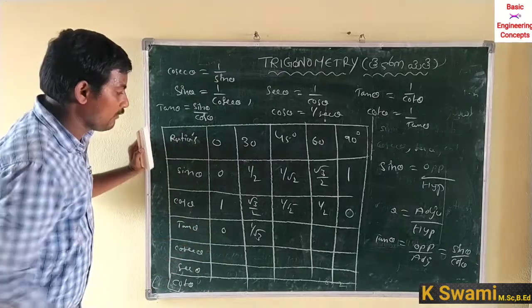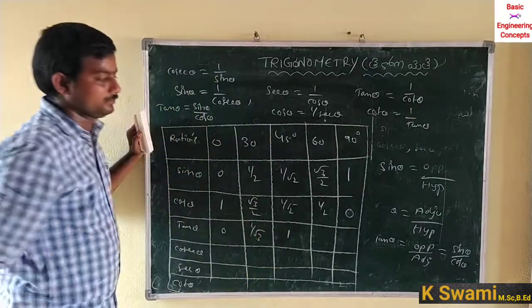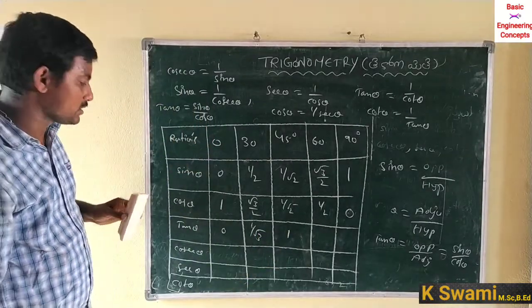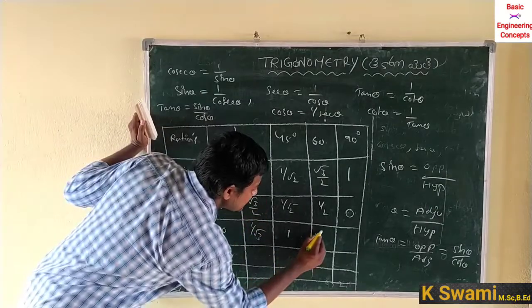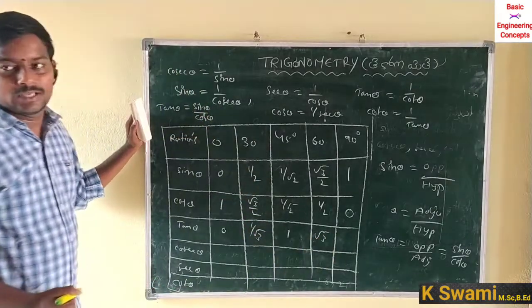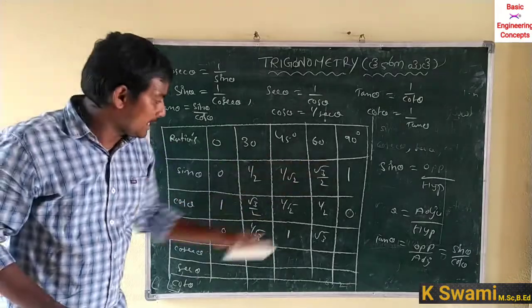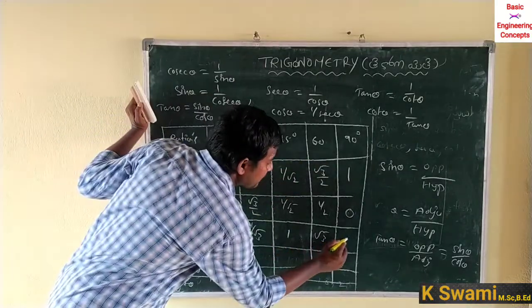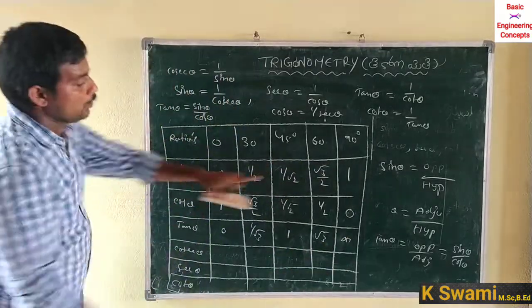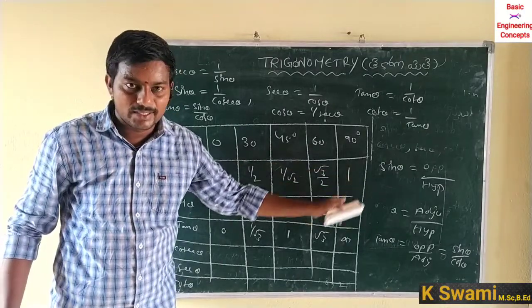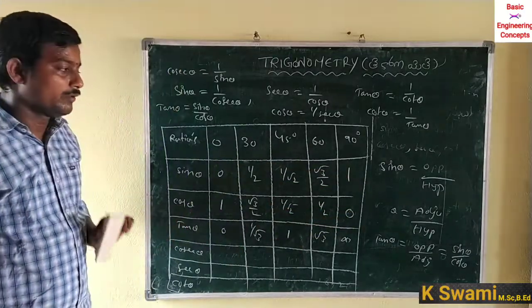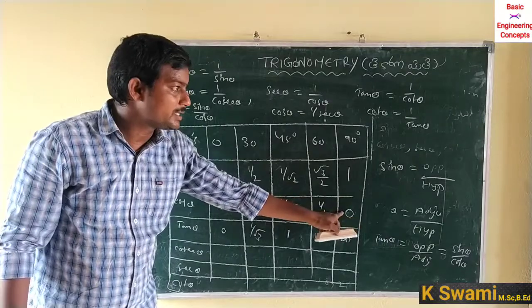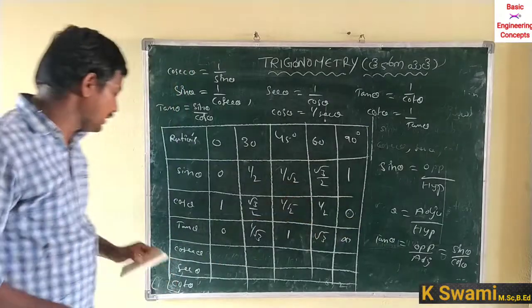And tan 45 degrees is equal to 1. And tan 60 degrees is equal to root 3. And tan 90 degrees is undefined, because 1 by 0 is undefined. Very important: anything by 0 is undefined.